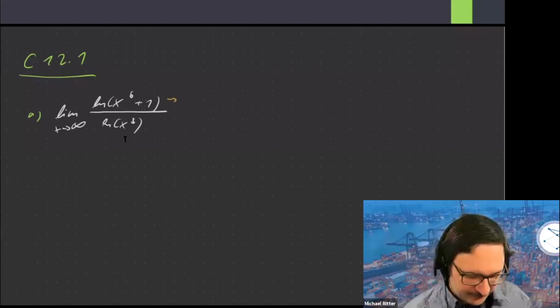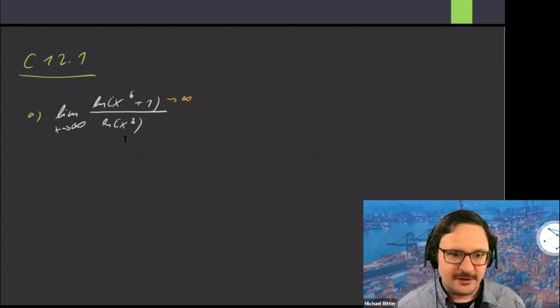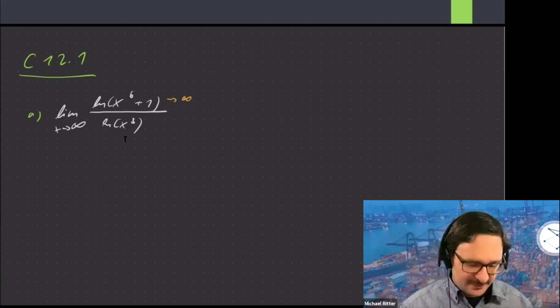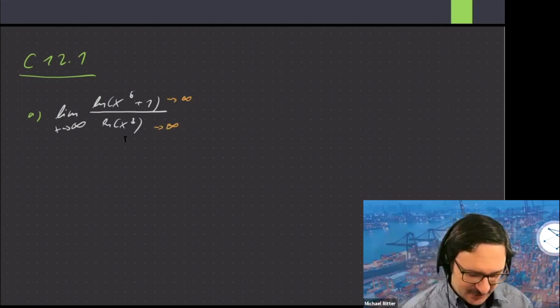So the numerator tends to infinity, and the same is true for the denominator. x to the power of 3 tends to infinity, so the ln of x to the power of 3 also tends to infinity. That means we have a limit of the form infinity over infinity.